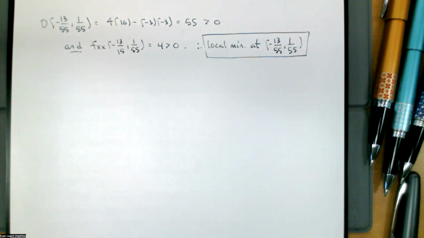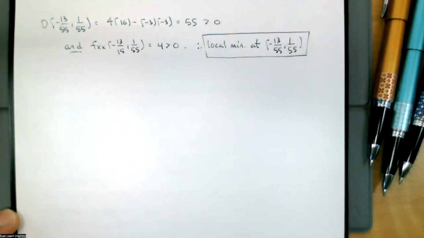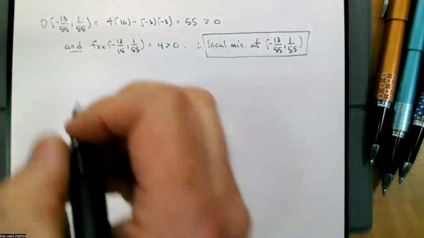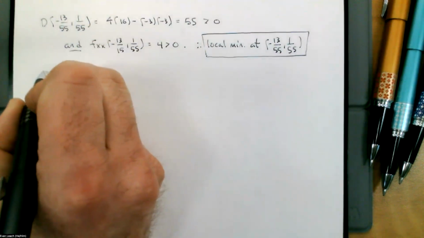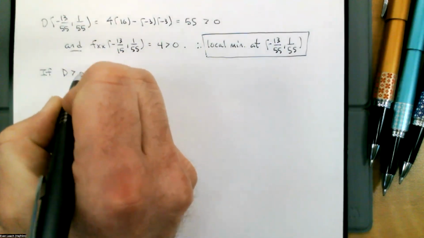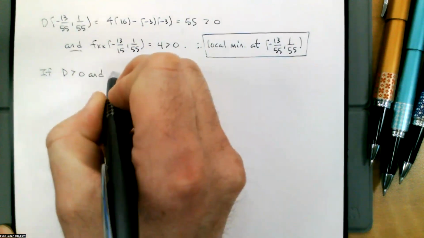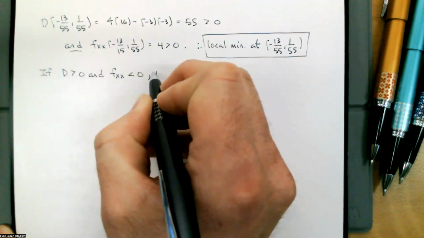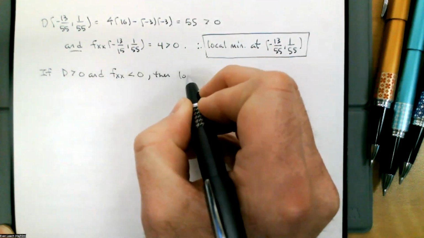Two other conditions we need to worry about. One of them will tell us about a local maximum. If the determinant of the Hessian matrix is positive, and fxx is negative, then local maximum.